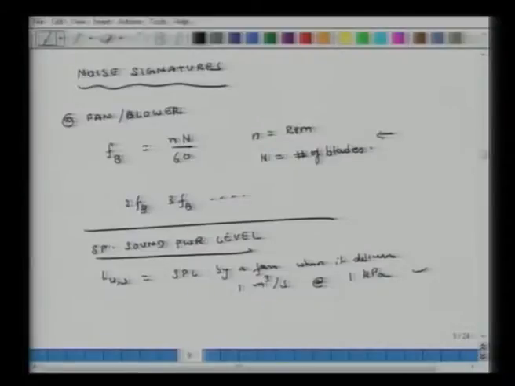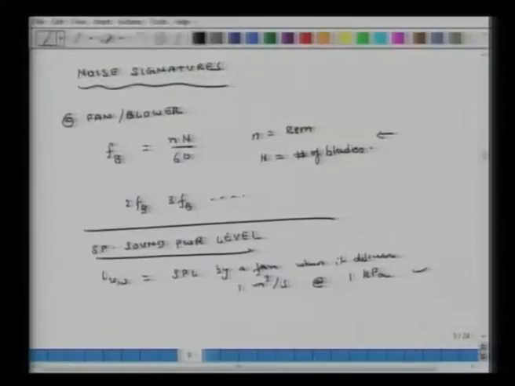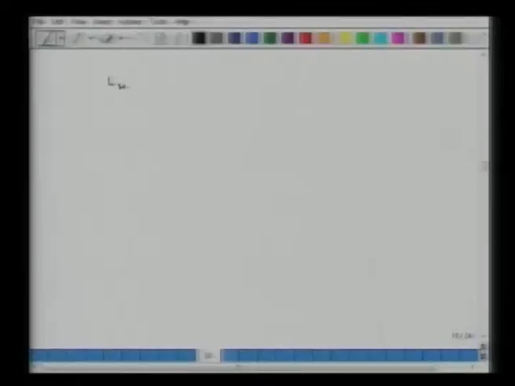If I know the specific sound power level of a fan, and the fan is producing air at some other value, then LW fan, which is the actual noise generated, is basically LWS plus 10 log Q plus 20 log PT.